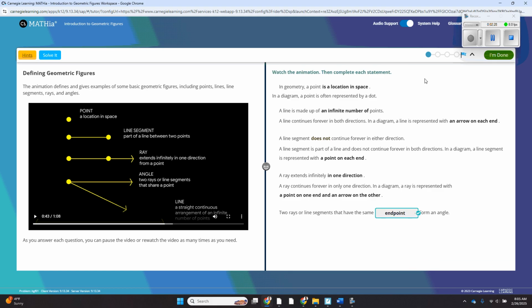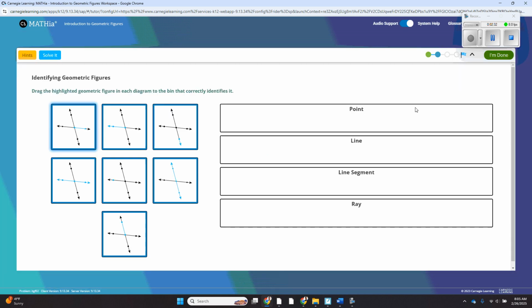That's okay. All right, so let's go to the next dot up here and try some of these. Here we need to drag the highlighted geometric figure to the bin that correctly identifies it. And we have a point, line segment, and ray again. If you look at which part is being highlighted, it's a little bit hard to see. I wish I could zoom in on that.